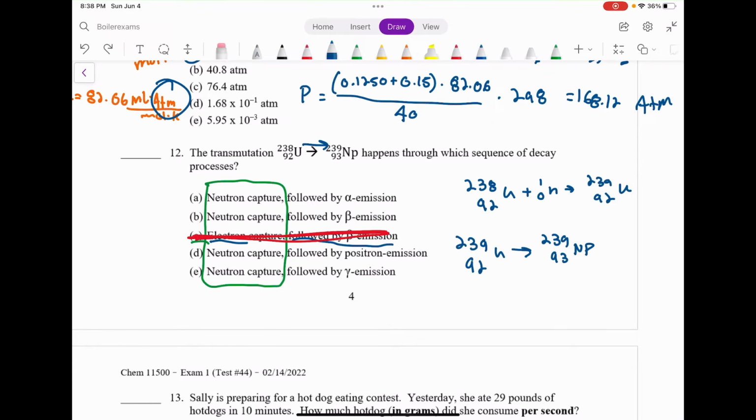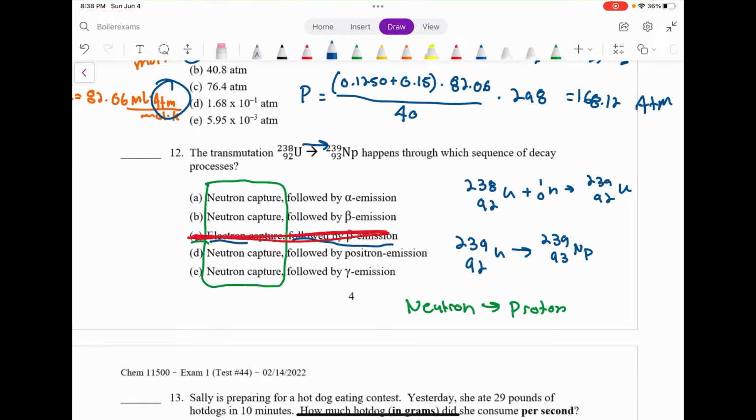That's an uppercase N and a lowercase p. So how do we go from uranium-239 to Np-239? Our mass number is going to stay the same, so we don't want any mass number changes, but our atomic number goes up by 1. So what we need to do is turn a neutron into a proton.